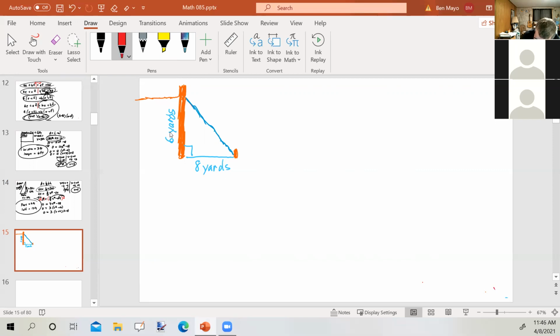We have a triangle. It's a right triangle. This distance is 8 yards. This distance is 6 yards. And this distance, we don't know. Okay, that's going to be our cable. All right. Any questions about the picture or what we're trying to find?